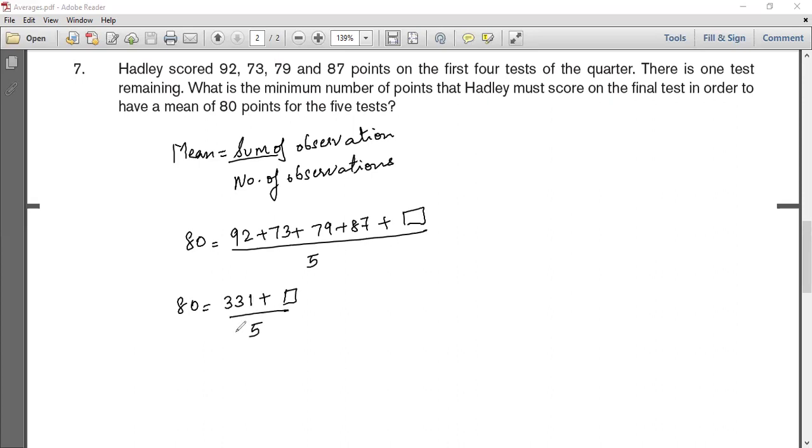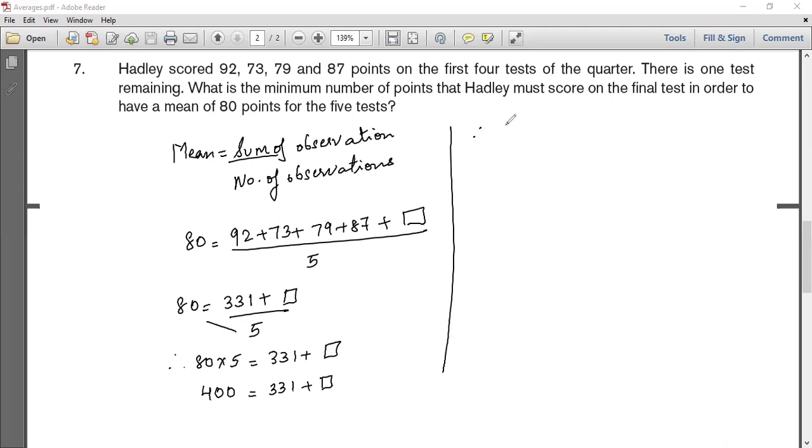So this 5 goes here. We get 80 into 5 is equal to 331 plus the 5th observation. This becomes 400 is equal to 331 plus the 5th observation. Therefore, the 5th observation will be 400 minus 331, so that will be 69.